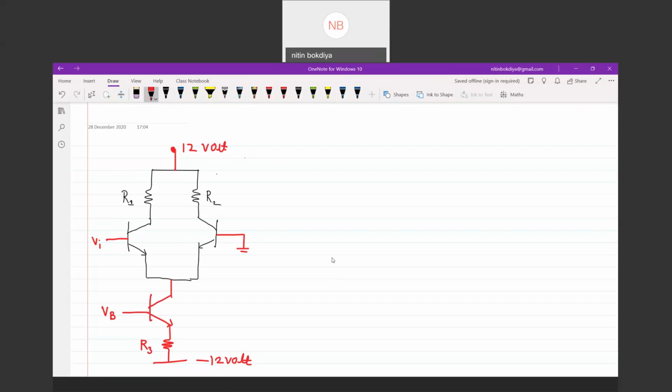What else is given for this circuit? R1 is equivalent to R2 is equivalent to R3 is equivalent to 1 kilo-ohm resistance. VBE for the circuit is equivalent to 0.7 volt.